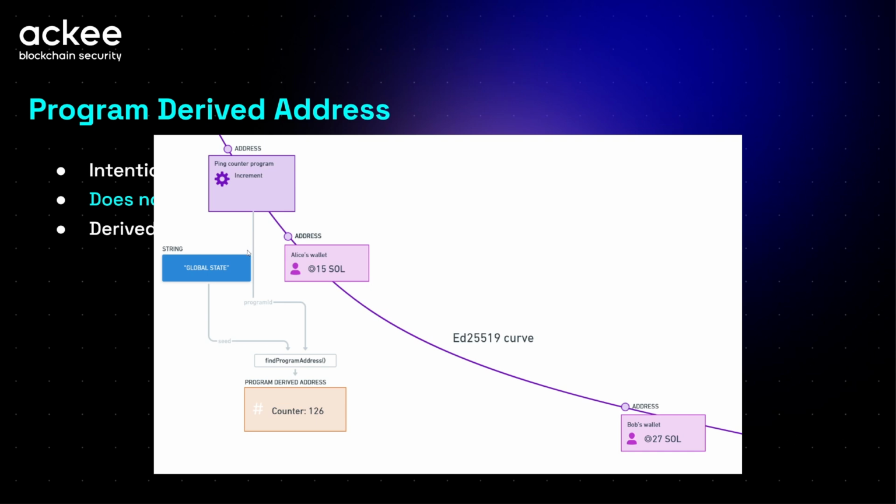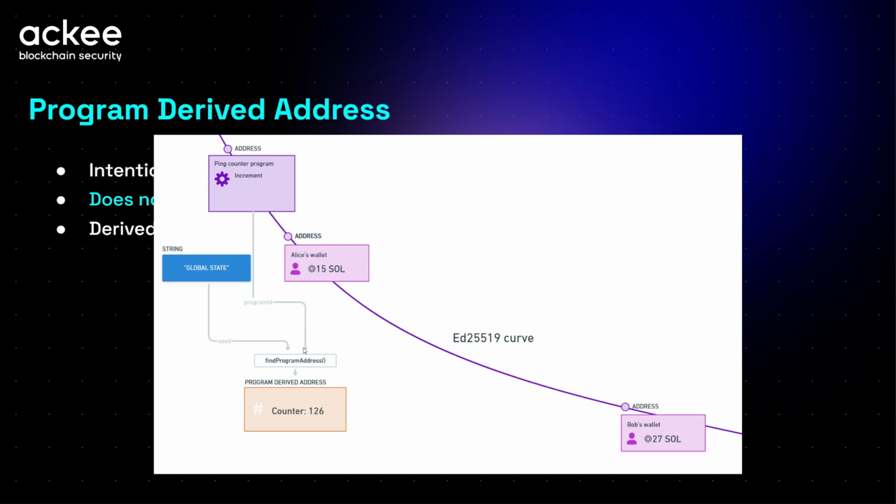But if you would like to store data in some account that has its address as a PDA, a program derived address, you can see that the first part here, the seed, which is this blue one, is the static string called global state. So that's the first and only seed used here. Then the second part is the program ID. So you take the program address, which is the program ID.